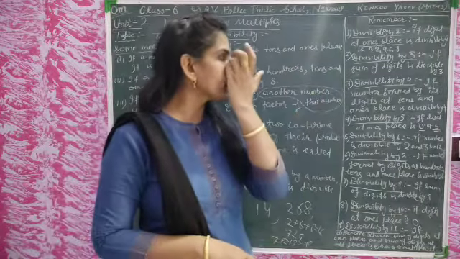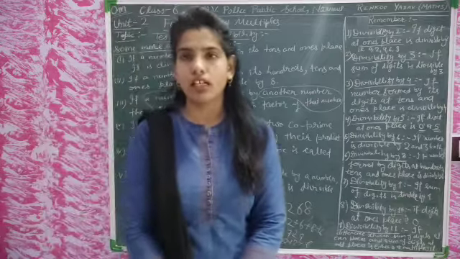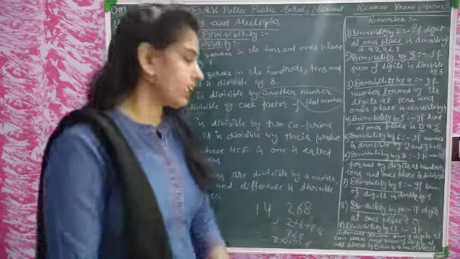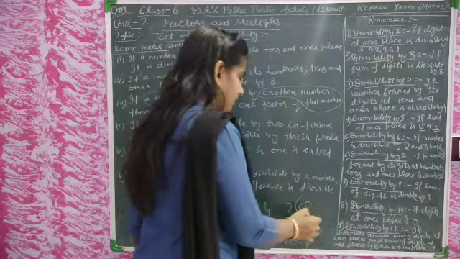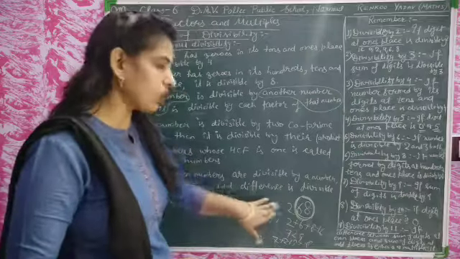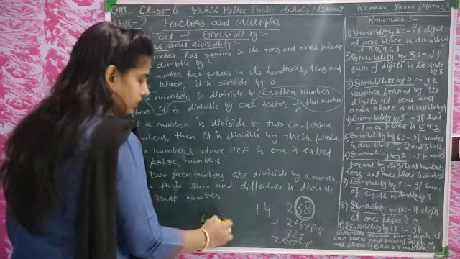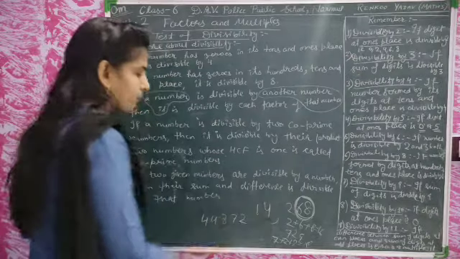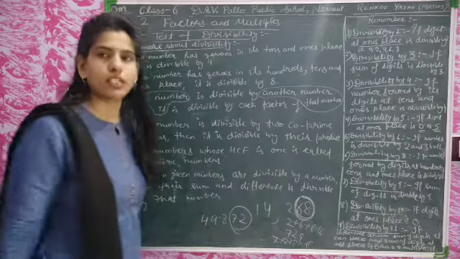Now we are going to the test of divisibility by 4. How can we check that a number is divisible by 4? Take the last two digits, the ones place and tens place digits. If this number is divisible by 4, then the whole number is divisible by 4. Let's check 44372. The ones and tens place digits are 7 and 2.